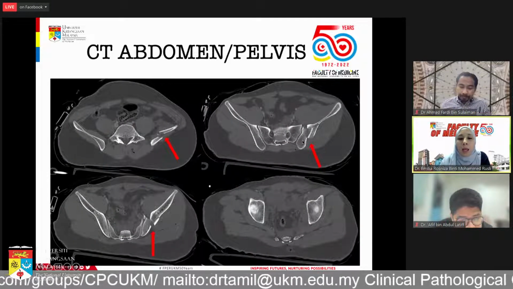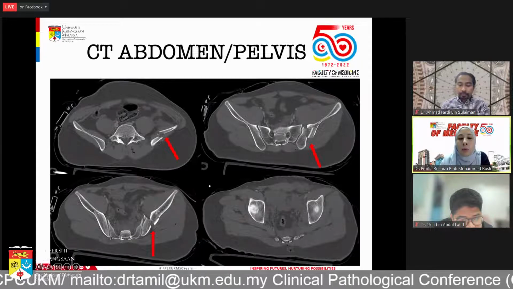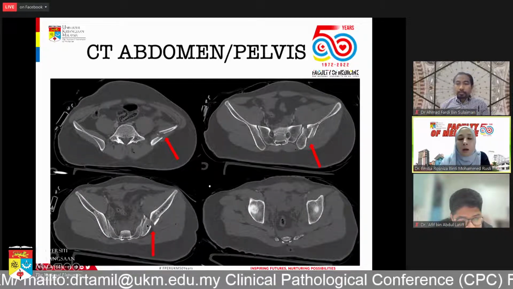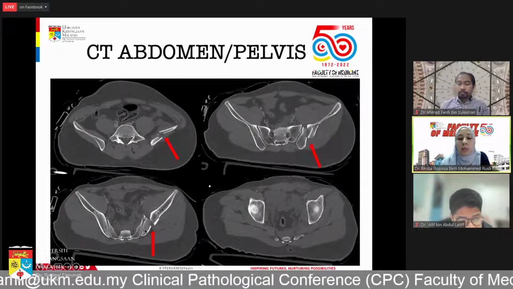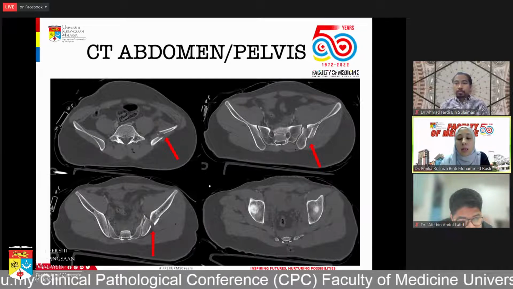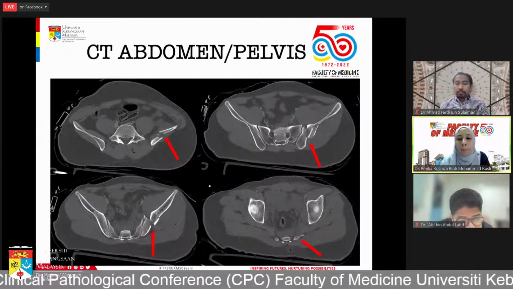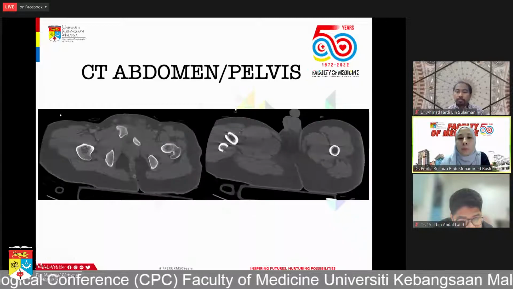Again, the fracture of the left iliac bone. And if you assess the posterior iliac bone, there is no posterior displacement of the iliac bone to suggest posterior sacroiliac joint tear. And then the fracture of the lower left sacrum.